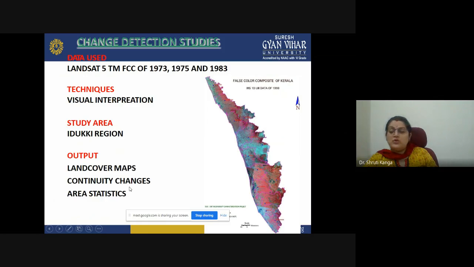With the use of different models in this case study, they have tried to know about the land use, land cover in that particular area, and based on the areal statistics, they have gone through how much area each land use, land cover class has for different years. So if you compare these area calculations year wise, then you will come to know about the land use, land cover change in the study area.